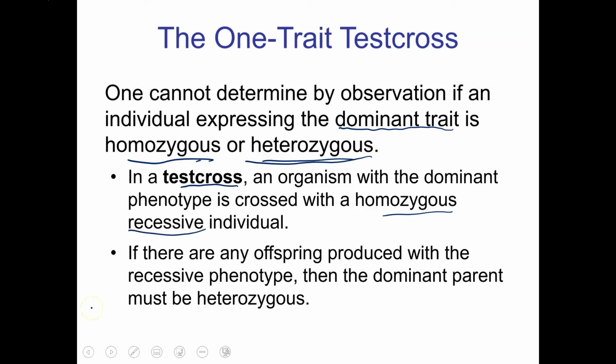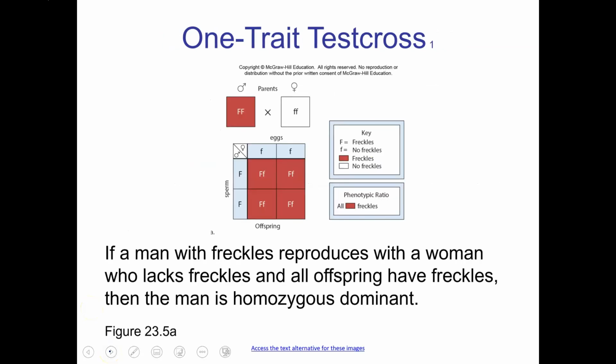Let's look at what that looks like. Here we have a parent that is homozygous dominant crossed with the recessive. The dominant organism is the male over here, and we're crossing it with a female up here. In this case we're looking at freckles, but it can be any trait we care about.